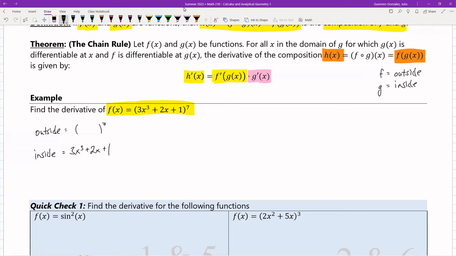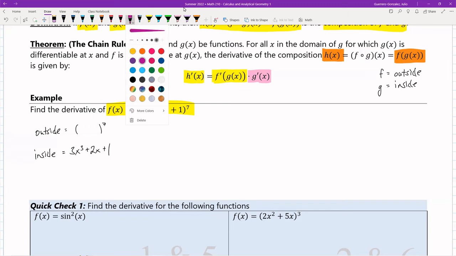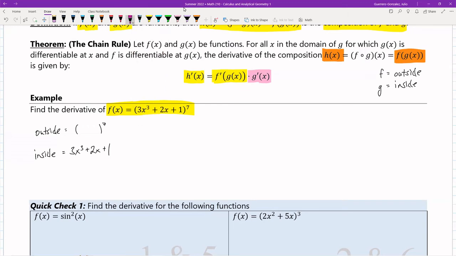Now, let me do this because I kind of like doing this. I'm going to blotch this all out. When I want the derivative of the outside, leaving the inside alone, I just take the derivative of something to the seventh power.